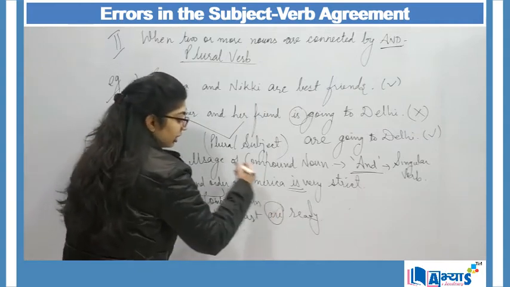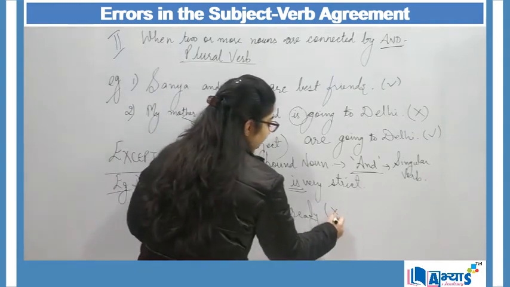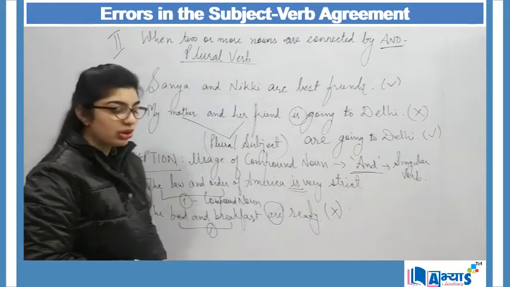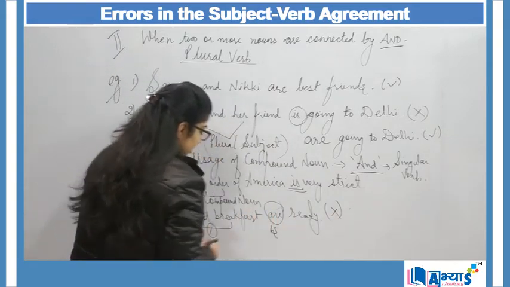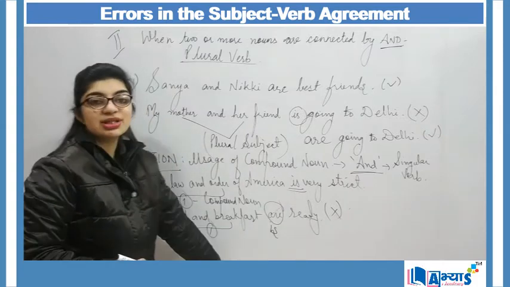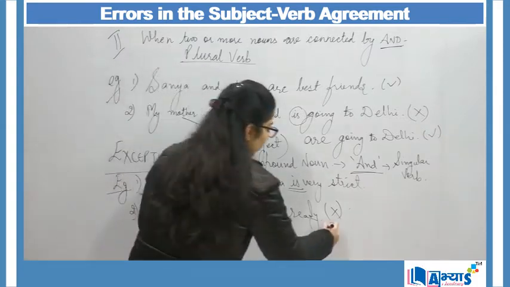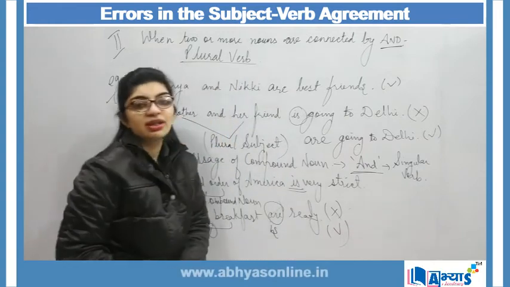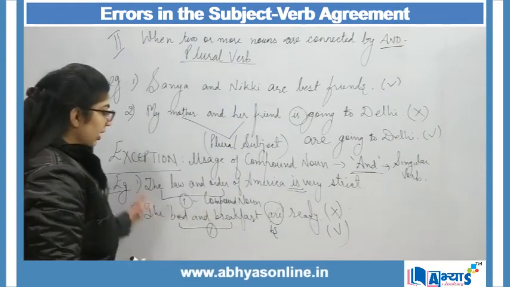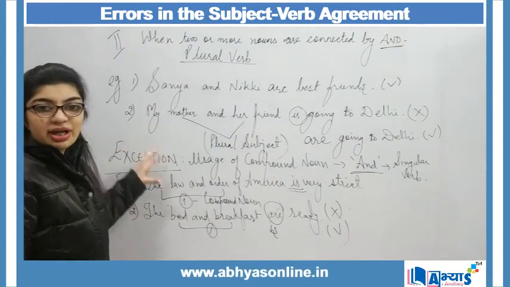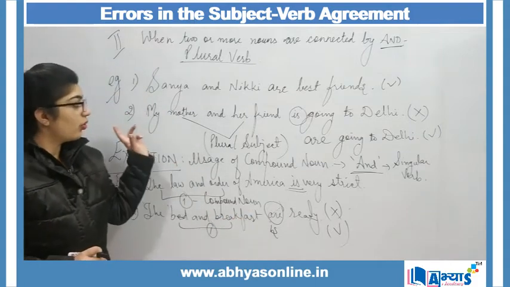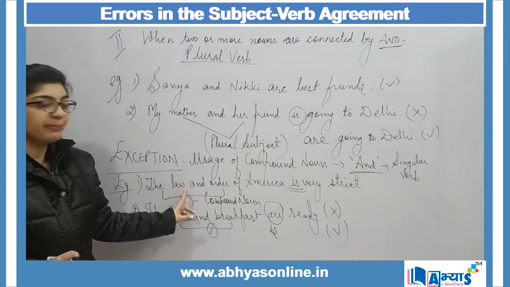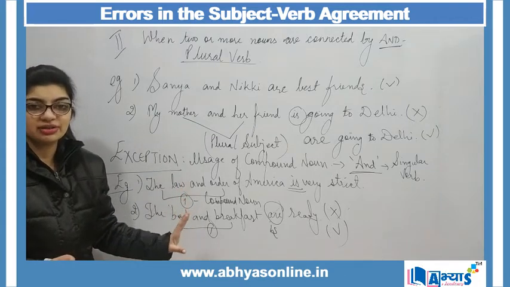The verb over here is plural. My sentence has an error. It is wrong. Instead of are, I will make use of is: the bed and breakfast is ready. At that point, my sentence will be correct. So, this is another area where people generally make mistakes. The rule of compound nouns should be properly understood.